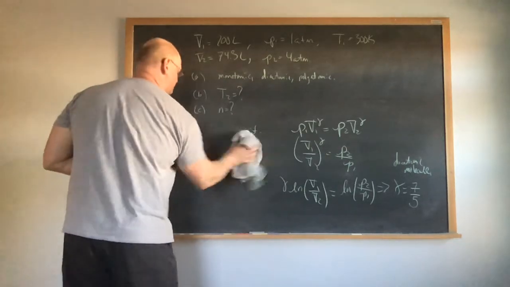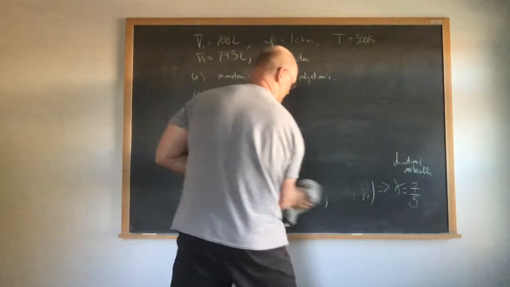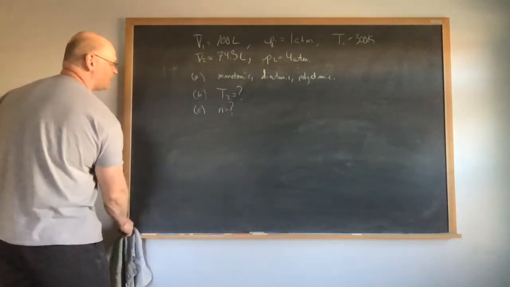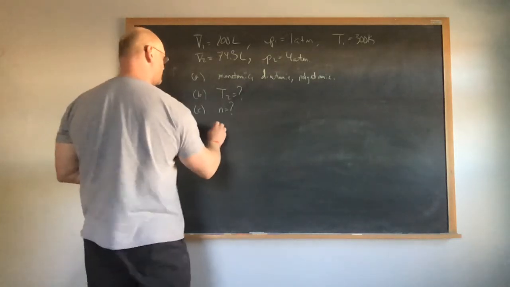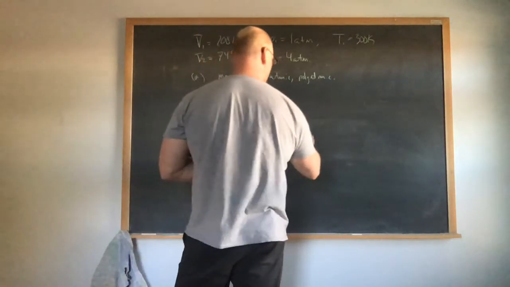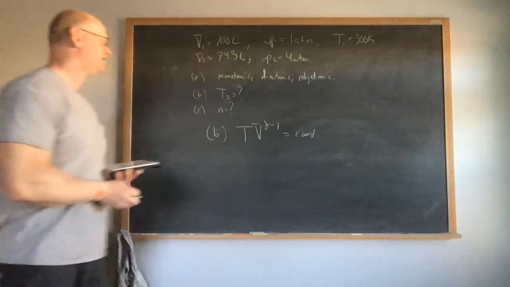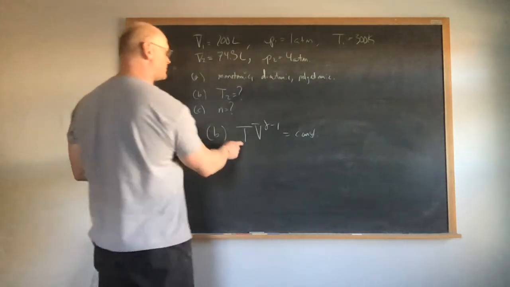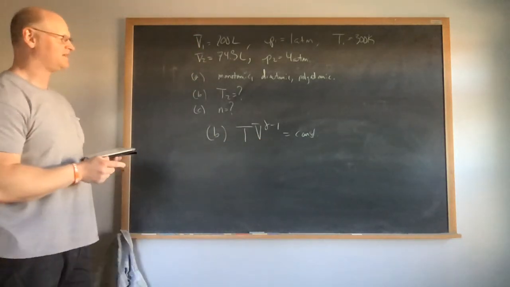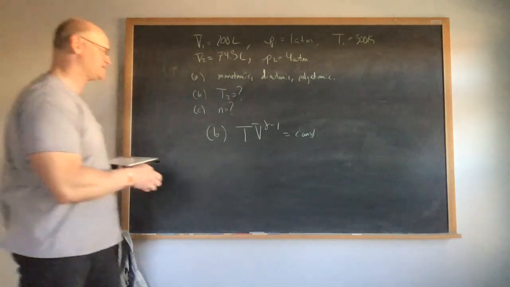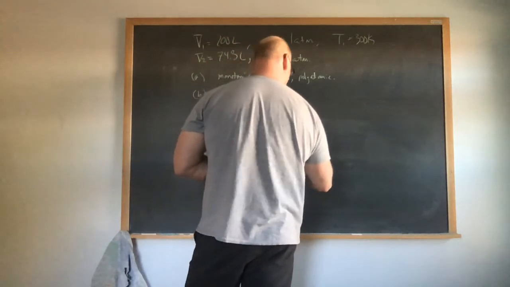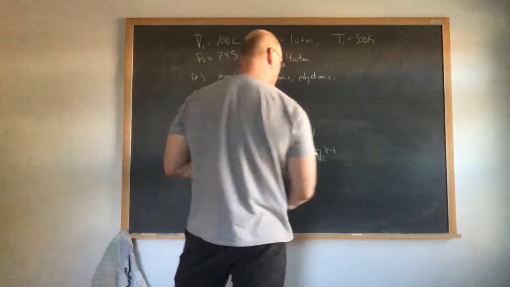Good. So now, we want to know what is the temperature at that point. Again, as we talked about when it came to adiabatic systems, what has to be true for part B is that the temperature times the volume raised to the gamma minus 1 must also be equal to a constant. Since I know the initial temperature, the initial volume, and the final volume, I can find the final temperature by saying that the initial temperature times the initial volume raised to the gamma minus 1 must be equal to the final temperature times the final volume raised to the gamma minus 1.